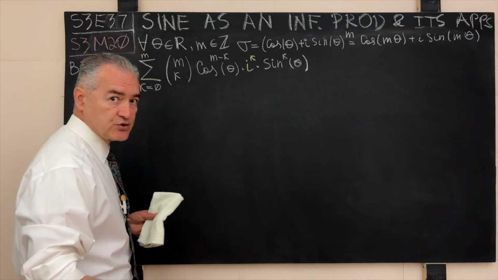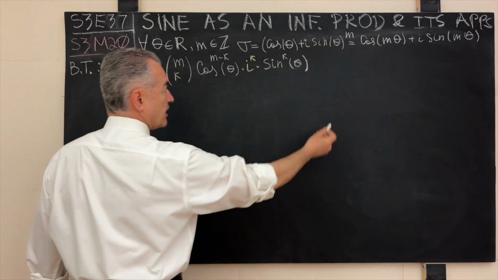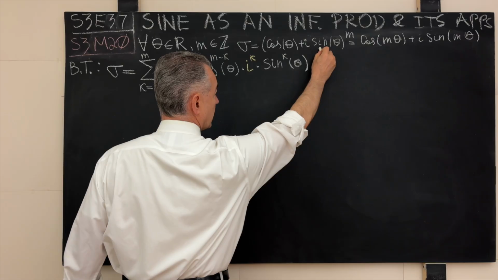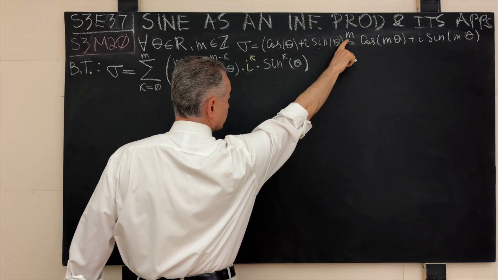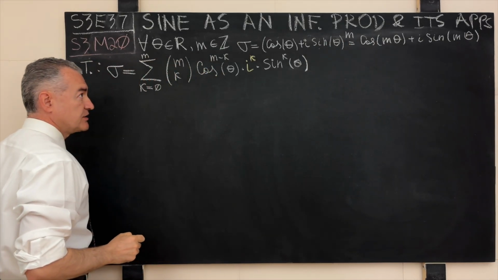Step number two is to turn things around and apply the binomial theorem decomposition to this sum right here, since we have this nice integral power.